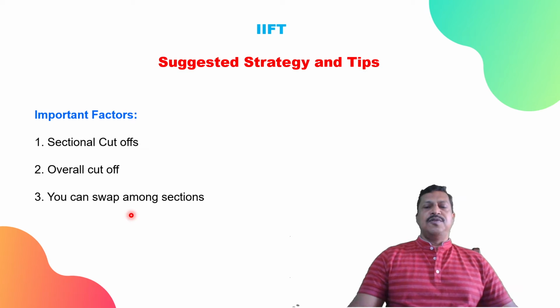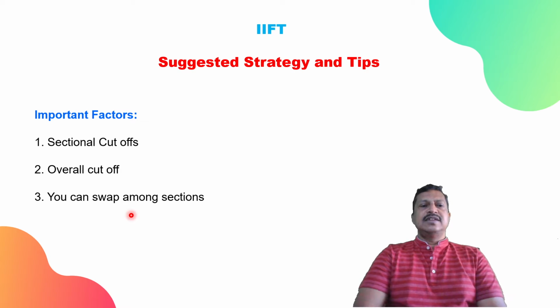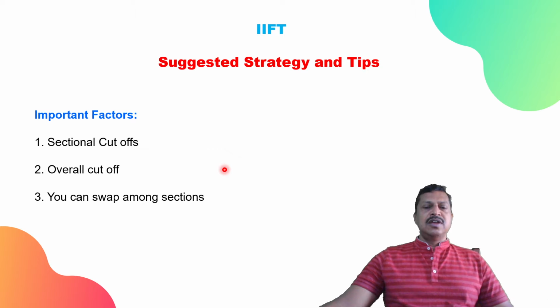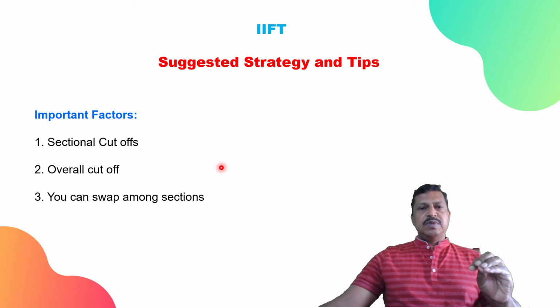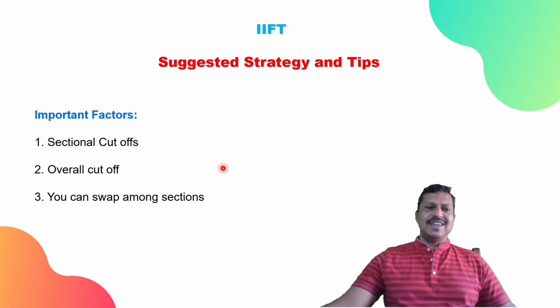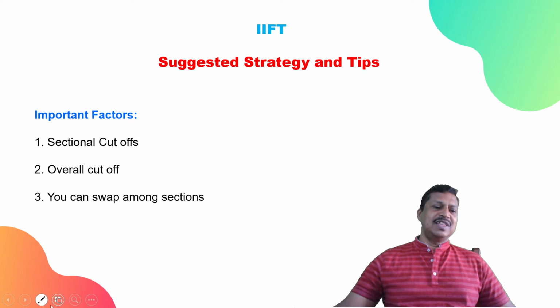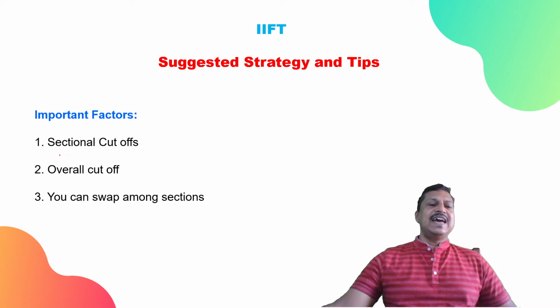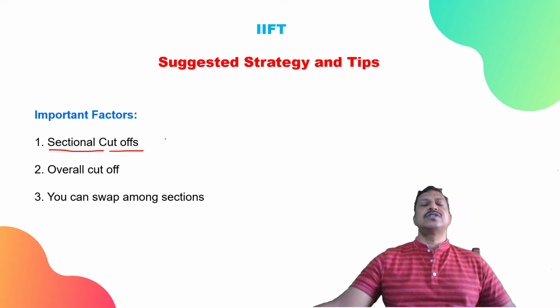All right. Now, the most important thing is what are the important factors which affect your test taking strategy, right? The first most important thing, what I feel, is there are sectional cutoffs. So please remember there are sectional cutoffs. So you have to clear the sectional cutoffs.